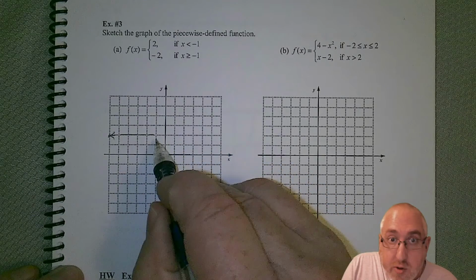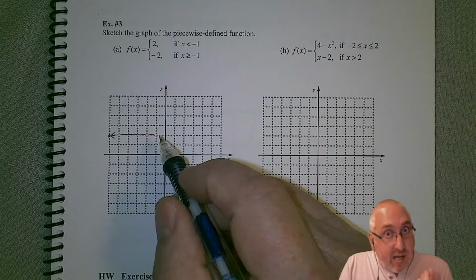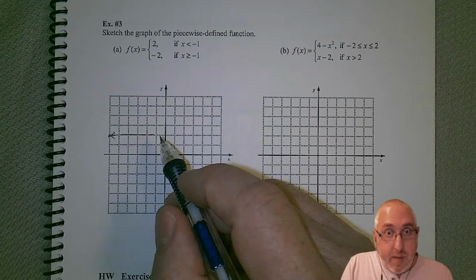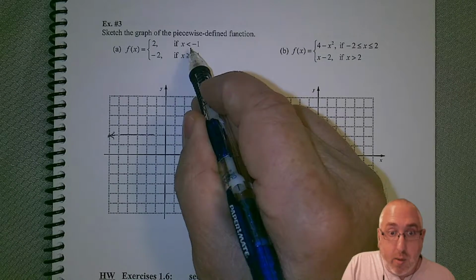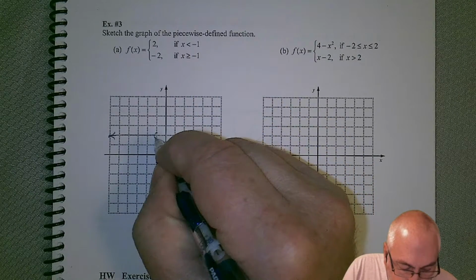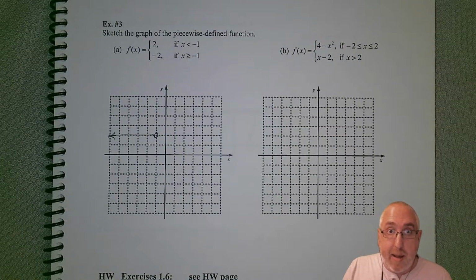And then when we get to -1, the $1,000,000 question is it a solid dot or an open dot? So remember, the inequality is just a strict inequality, so that means it will be an open dot here. So that should be that part of the graph.